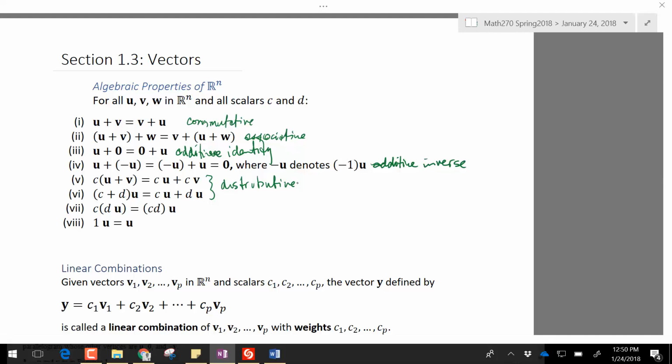So you can distribute a scalar over several terms, several vectors, or you can distribute a vector over several scalars. So the distribution rule usually is a combination of addition and multiplication. And so the multiplication here that we're considering is the scalar multiplication. Because we haven't really defined a way to multiply two vectors together.